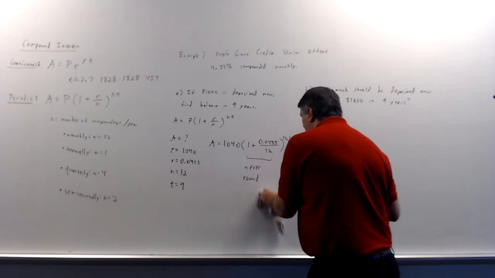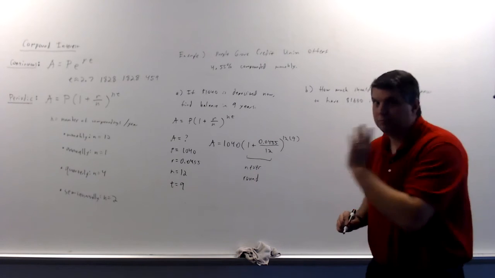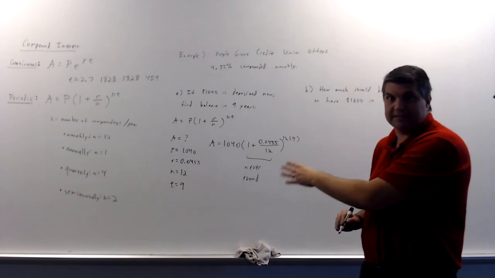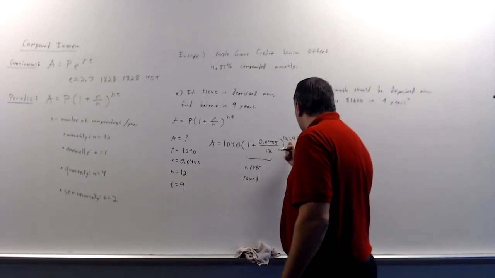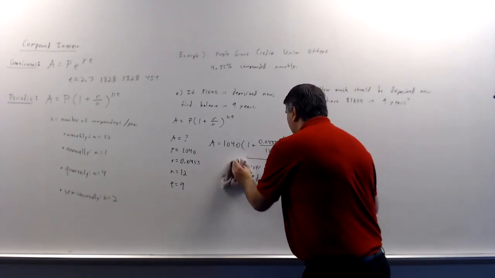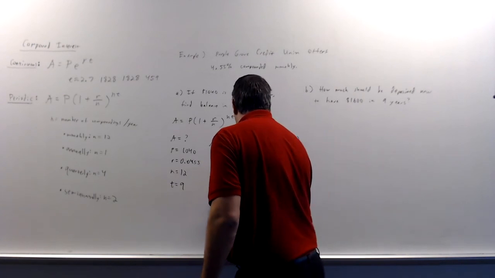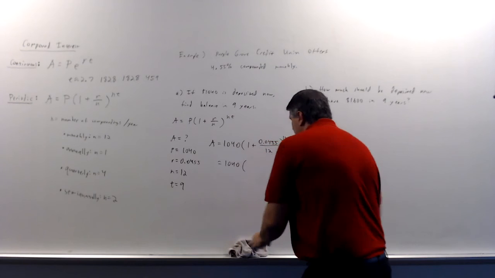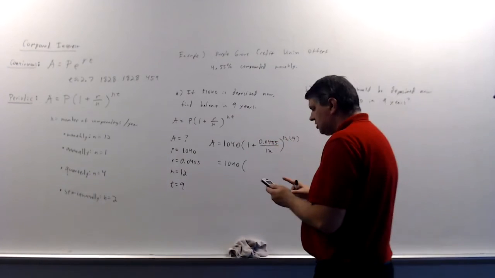If it doesn't terminate, if it's a repeating decimal, then you keep it as is in parentheses. Okay? That's 108. I'll pretend that that's simply 108. So A equals 1,040, and I'm going to see if that divides cleanly. I don't think it does.